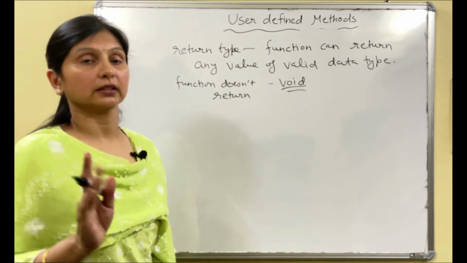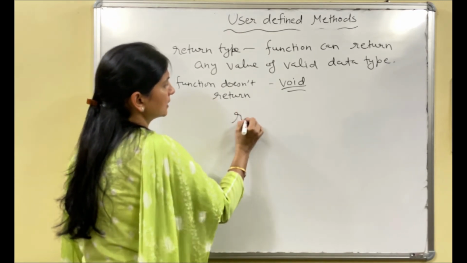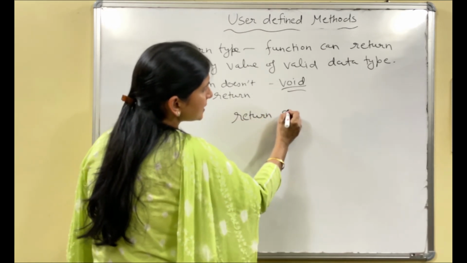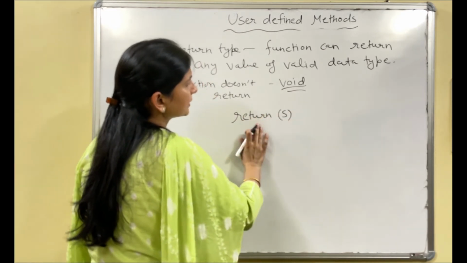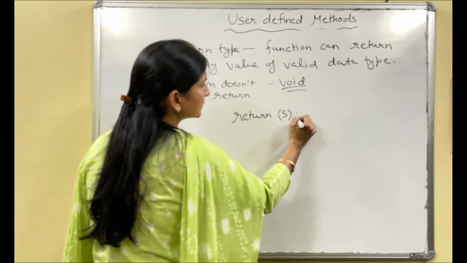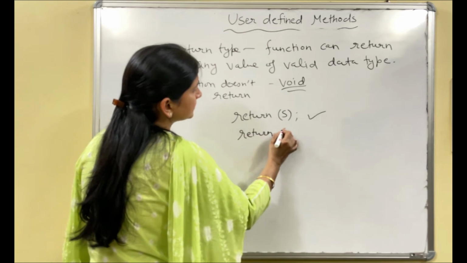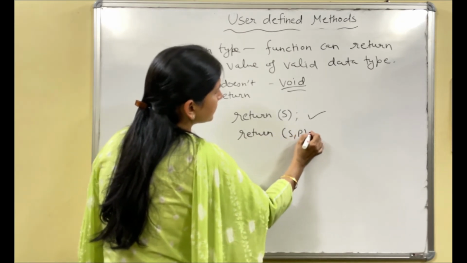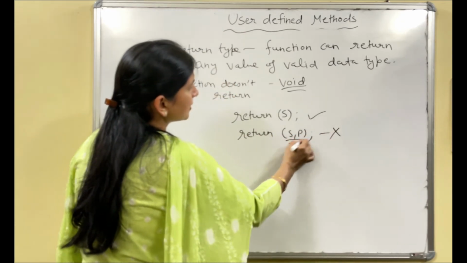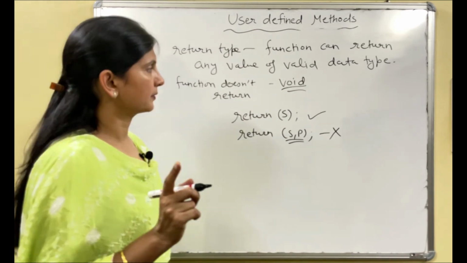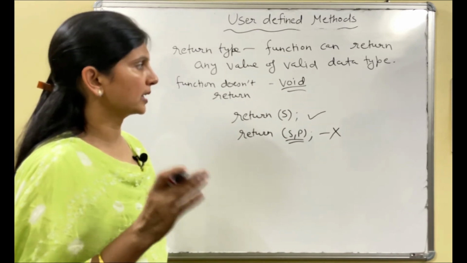It cannot return more than one value. Like return s, or in parentheses you can write return (s). This is valid. But if I write return s, p, this will be invalid because a function can return only one value at one time. Fine, I will show you in the program.